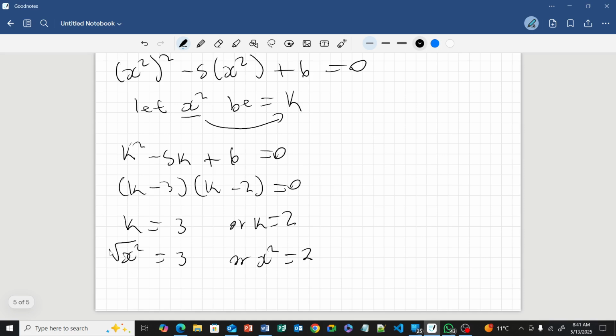So the root of x, so x will be equals to plus or minus the square root of 3, or x, when you put the square root there, you must also put the square root at the other side. So plus or minus the square root of 2. And that is your answer, guys. Okay? Now let us look at the other one.